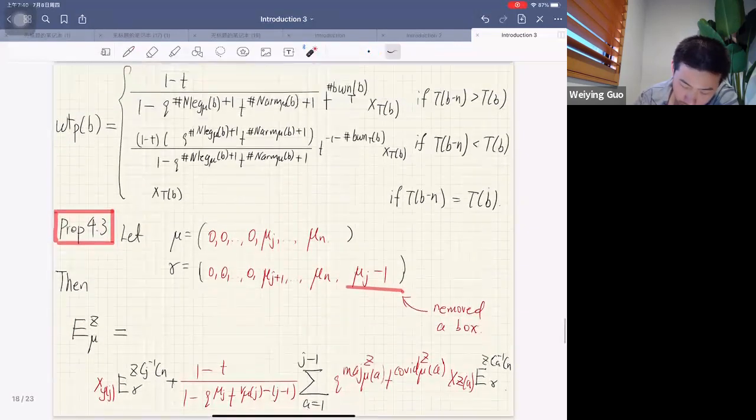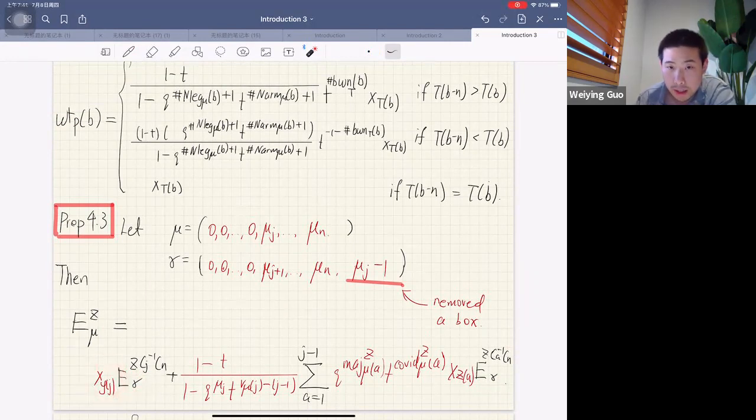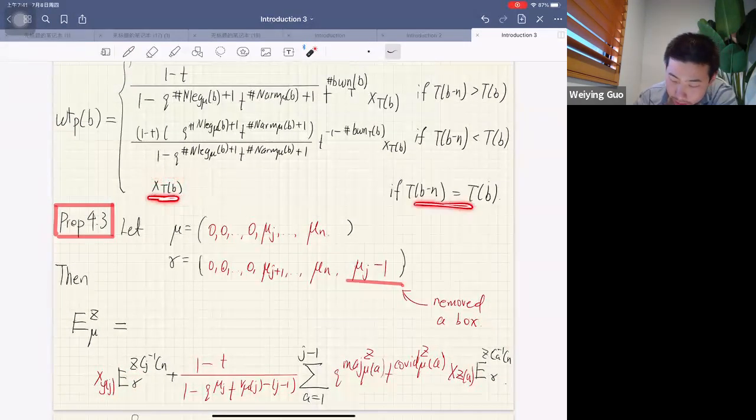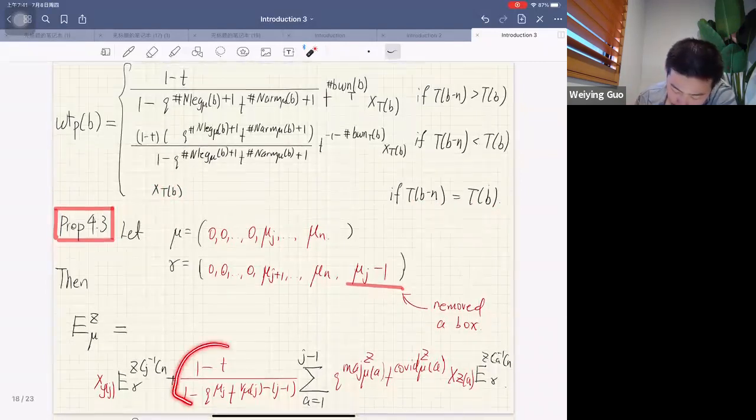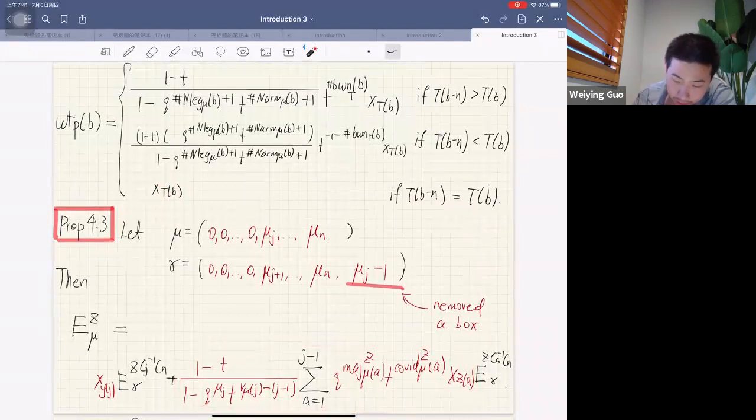Each time we remove a box, we do a 1-step recursion, and we get either an extra factor of x_{y_j}, which corresponds to one of the weights in here, where the fillings are the same, or an extra factor like this, which depends on whether we have an ascent or descent in terms of our major statistics or co-inversion statistics.